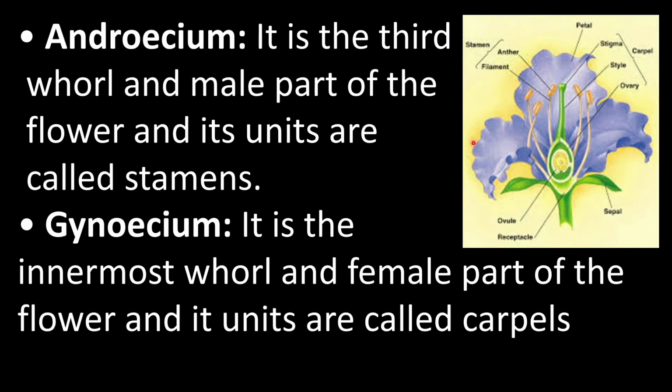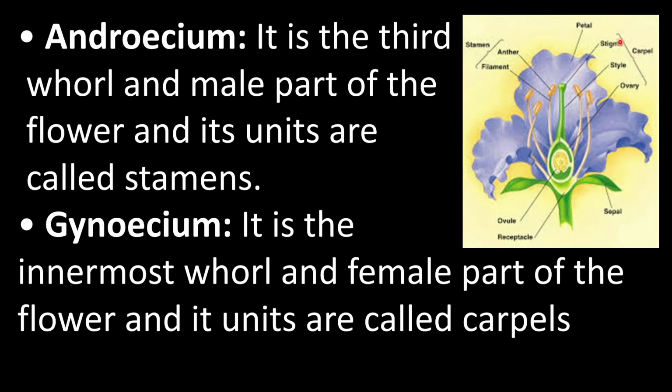So in this diagram, you can easily see all the four whorls. The first is the sepals. That is the calyx. It is made up of sepals. Second whorl is the corolla. It is made up of petals. Third is the androecium, which consists of stamens. So here you will find the stamens, which have anther and filament.